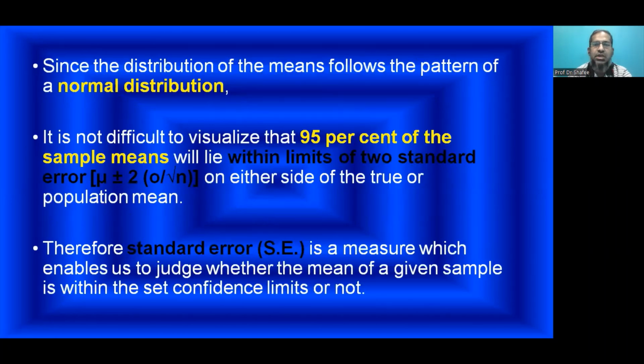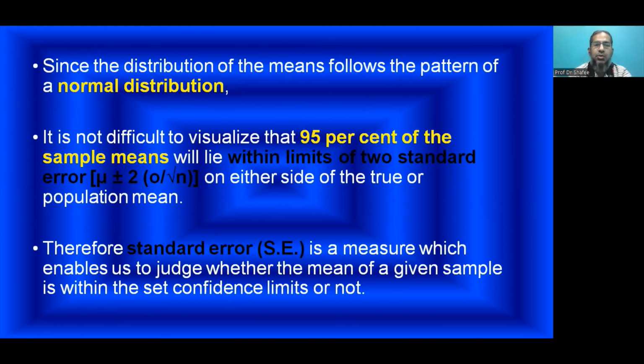Since the distribution of the means follows the pattern of normal distribution, the means which are distributed around the population mean will follow the rule that 95% of the sample means will lie within limits of 2 standard errors. In the normal curve, the observations were lying within 2 standard deviations from the mean. Here the means will lie within 2 standard errors of the population mean, on either side.